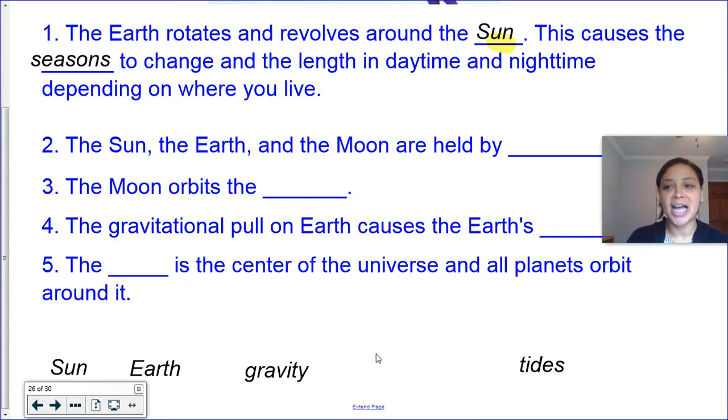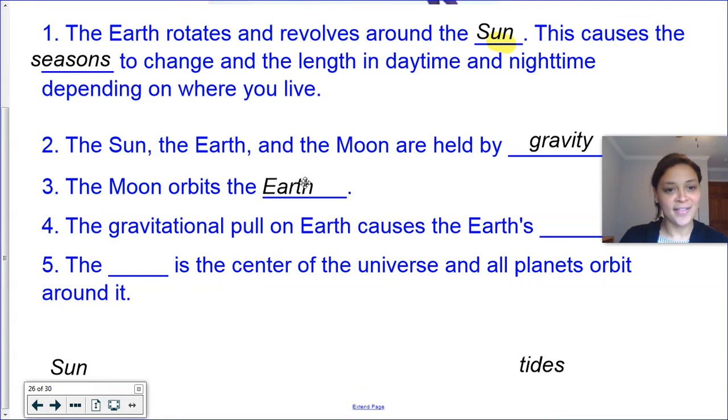Number 2, the sun, the earth, and the moon are held by blank. Gravity. Very good. We're on a roll here. Number 3, the moon orbits the blank? Earth. Very good. We also learned it's the only natural satellite that orbits the Earth.